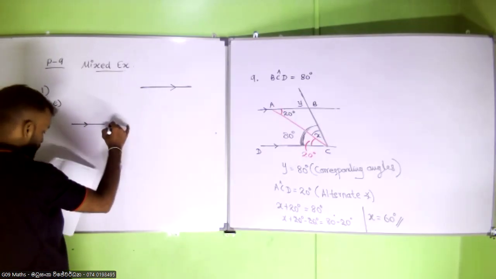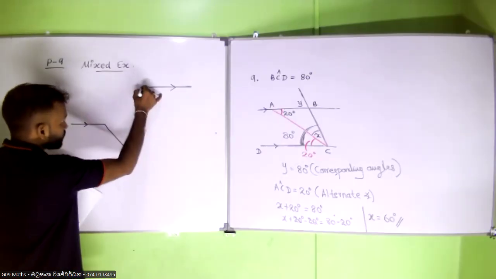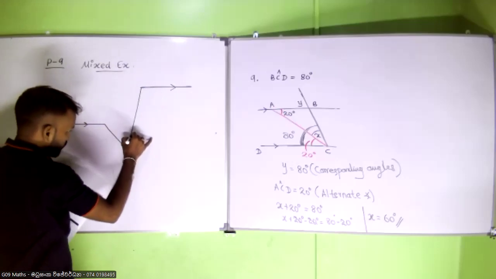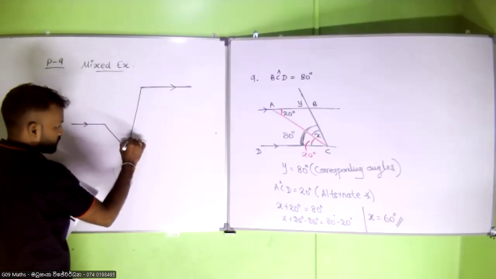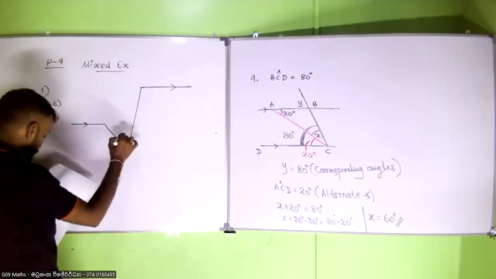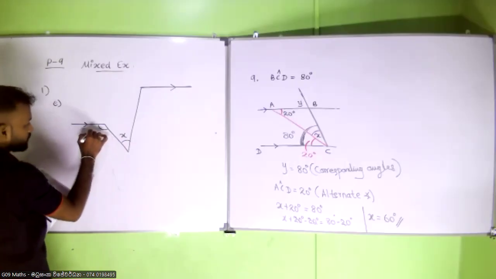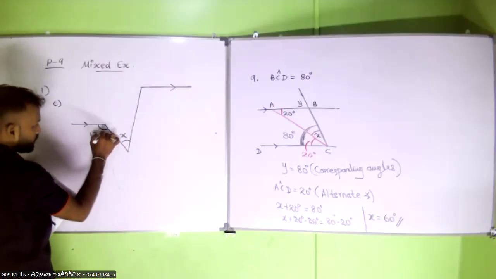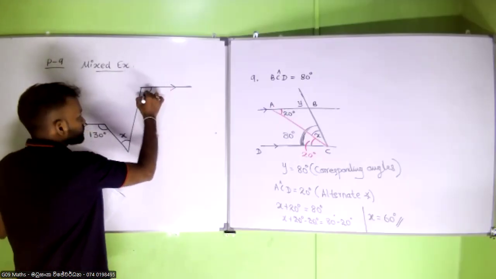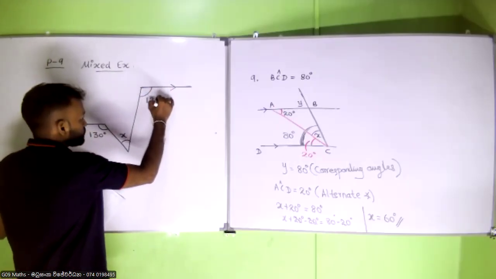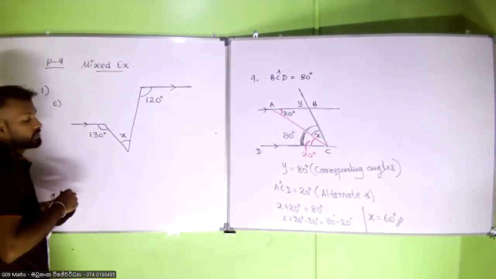These two lines are parallel, and here there is a bend, this kind of bend, and this angle is called x. So you have to find the value of x. This angle is given as 130 degrees. This angle is given as 120 degrees. So we need to find x.